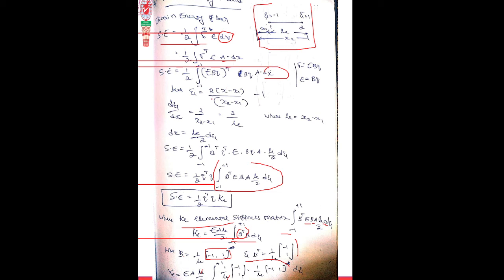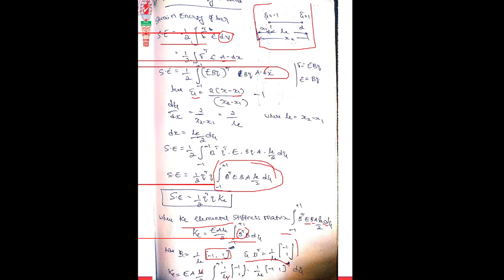For that I'm going to take the relation between ζ and x, that is the Cartesian coordinate system. I'm going to differentiate with respect to ζ, and we will get 2 by Le. Therefore dx becomes Le by 2 into dζ. So I'm going to substitute this value in this equation, and I'm taking qTq outside.